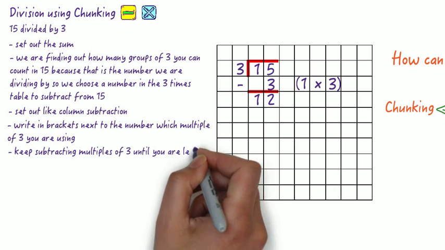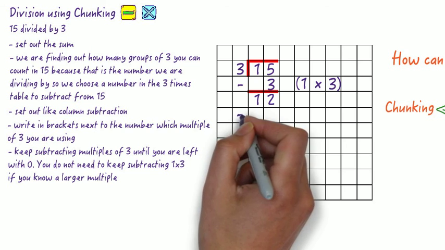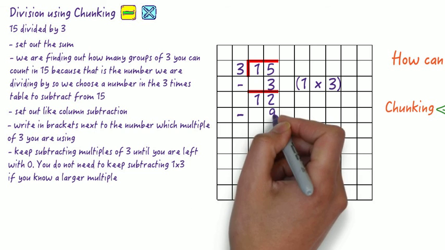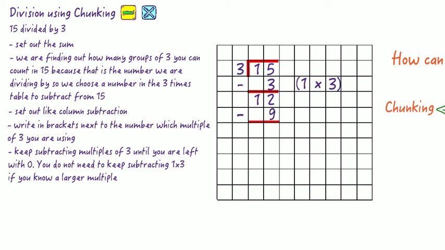You can use bigger multiples than 1 if you want, but if you're not sure, just keep using 1 times 3 over and over again until you get nothing. So 12 minus 9 leaves us with 3 again. And then we use 1 times 3 to take us to 0.